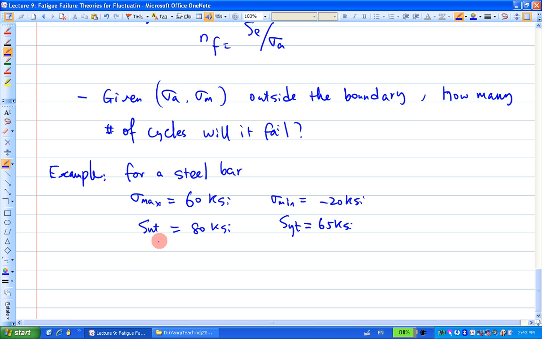There is also this F value, which if you remember is called the fatigue strength fraction. Let's just consider it's 0.9, but it's actually supposed to be a little bit smaller than 0.9.